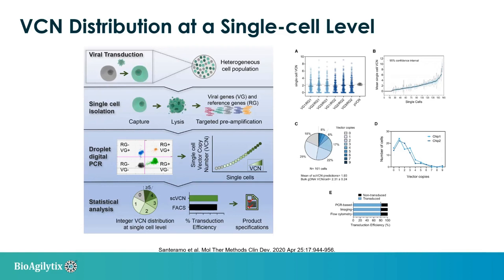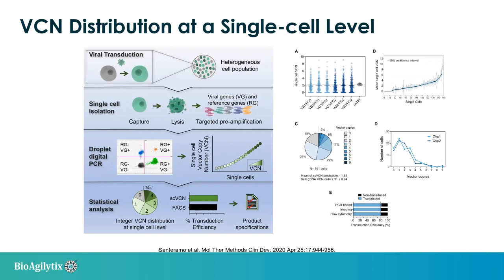The captured live cells underwent genomic DNA extraction, and then pre-amplification within the chip. The pre-amplified material was analyzed by duplex digital PCR. The simultaneous quantification of vector copy number and human reference copy number was used to generate a single-cell VCN database. The statistical analysis also provided the results of VCN distribution of the sample.